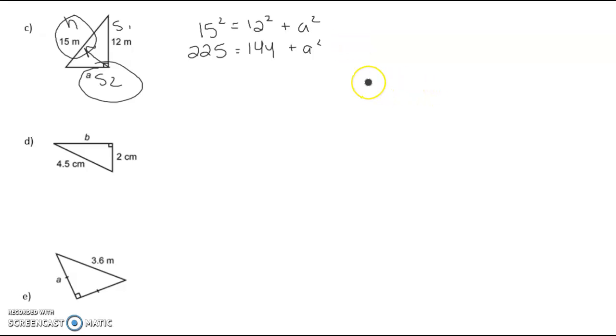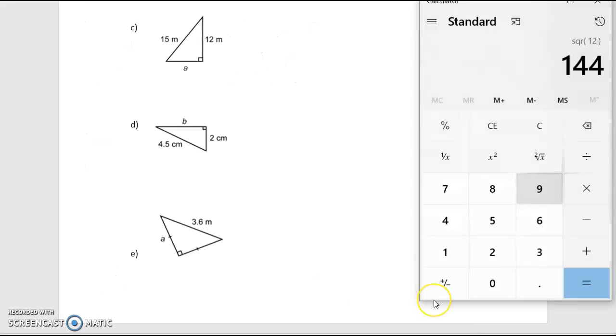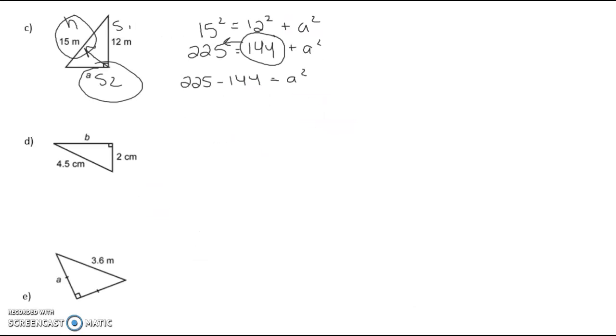And now we do like we had done before. Collect our like terms, so get this 144 onto the other side. So it's going to be 225 minus 144 equals a squared. Okay, oopsie, oh man. Okay, sorry about that.